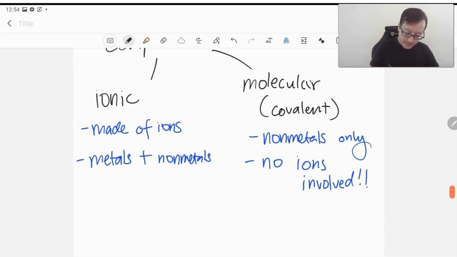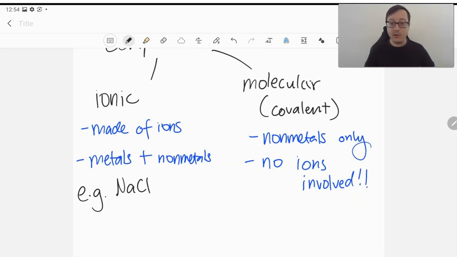So, for example, some ionic compounds we're familiar with: sodium chloride. Sodium is a metal, chlorine is a non-metal. Put them together, poof, now we have an ionic compound. Something like barium sulfate. We have barium, which is a metal.